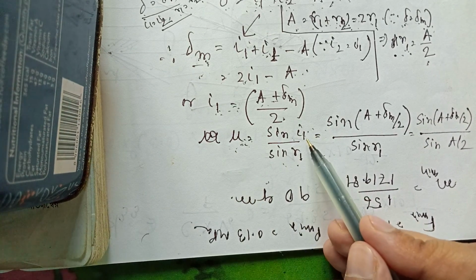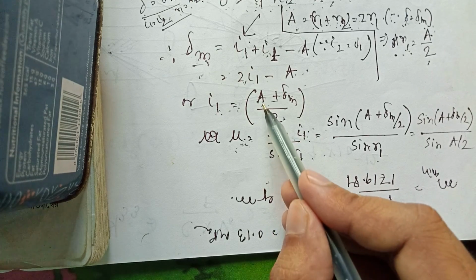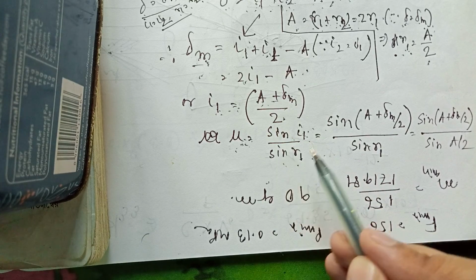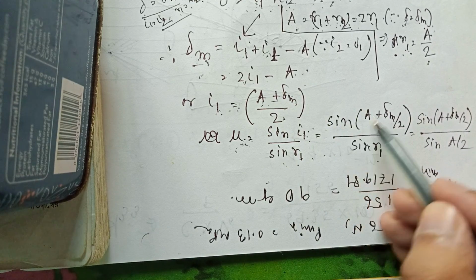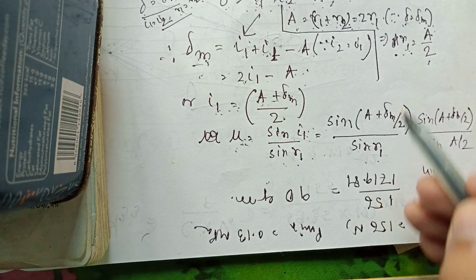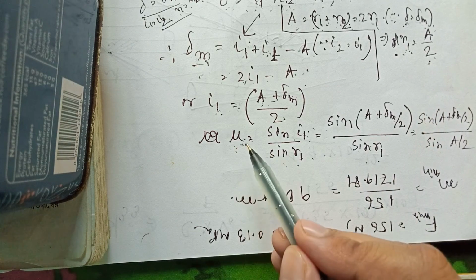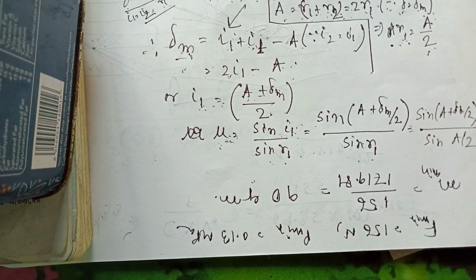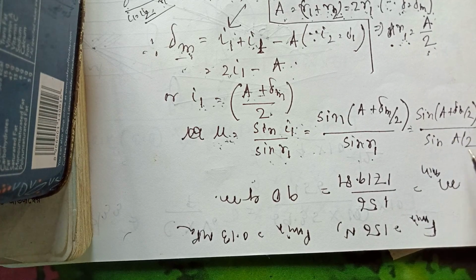Now, what is the value of I1? The value of I1 equal to A plus delta M by 2. So I have put this value here, sin of A plus delta M by 2, by sin R1. Again the value of R1 is A by 2. So ultimately mu equal to sin of A plus delta M by 2, by sin A by 2.